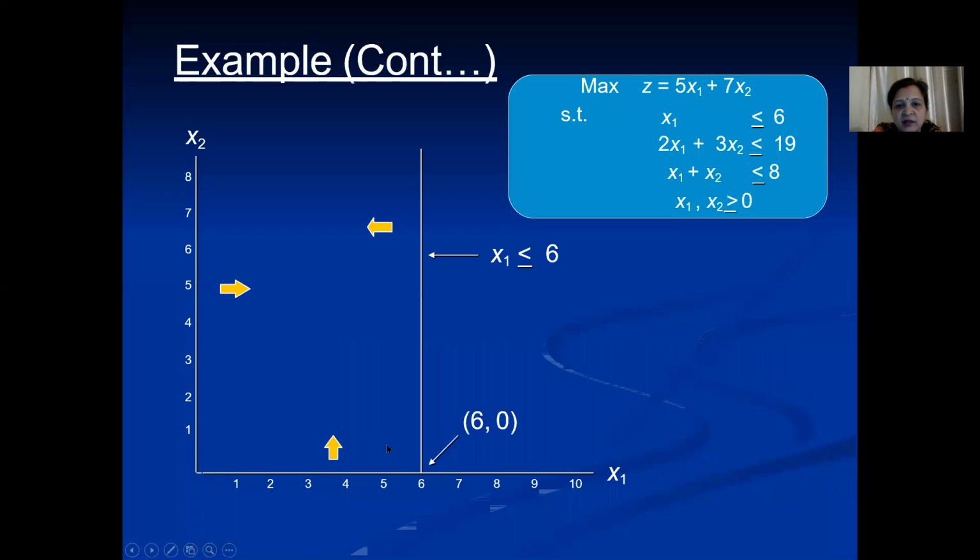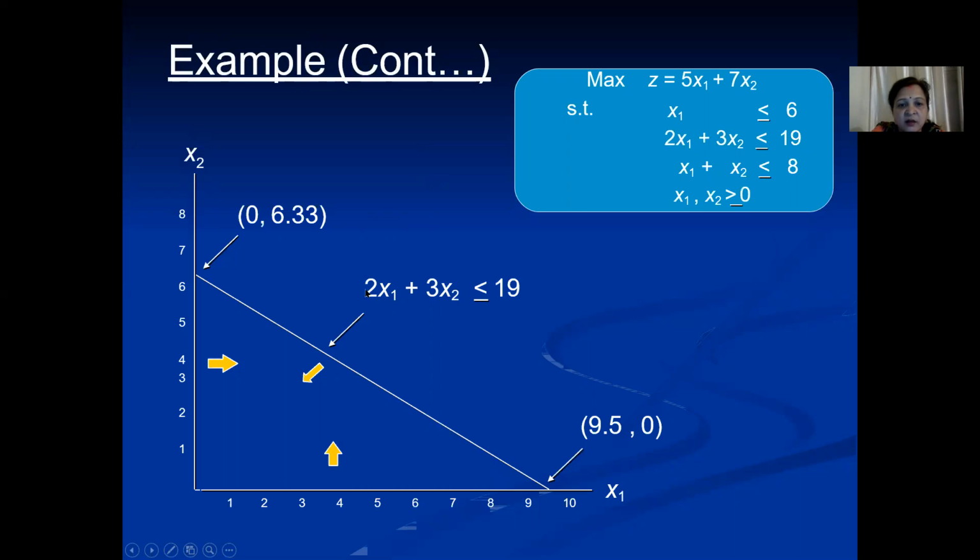Next, x1 less than or equal to 6. So this line represents x1 equal to 6, and the interior of this arrow represents the direction of the feasible solution. So x1 less than or equal to 6 is represented by the left part of this line, x1 equal to 6. 2x1 plus 3x2 equal to 19 is represented by this line.